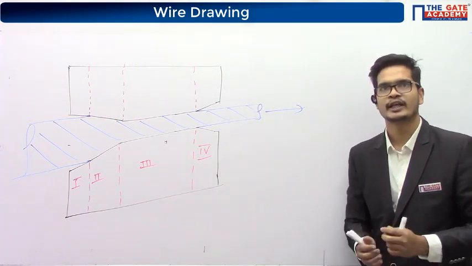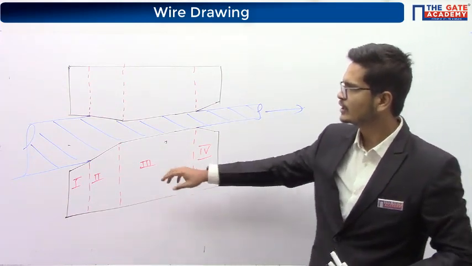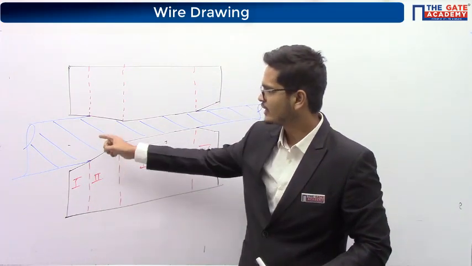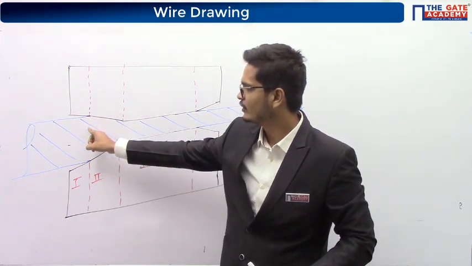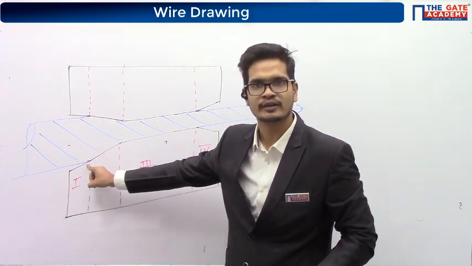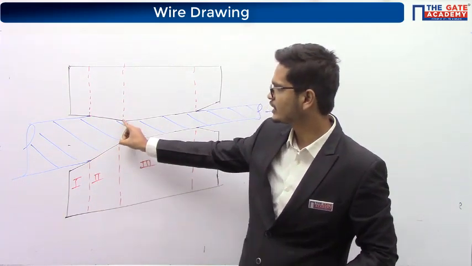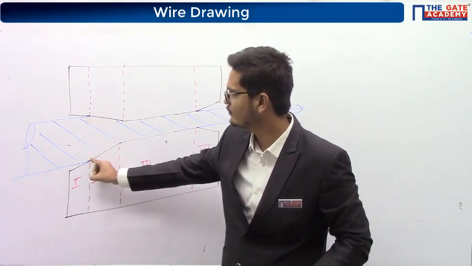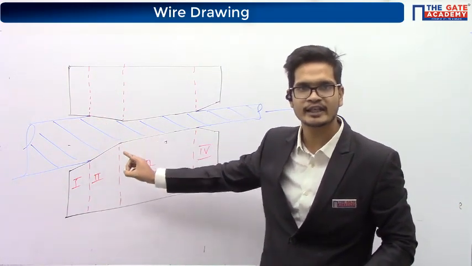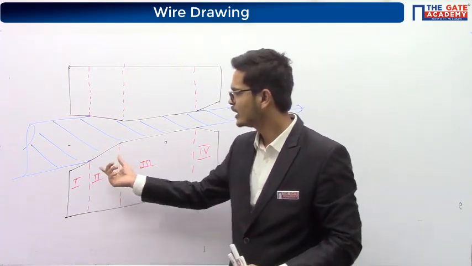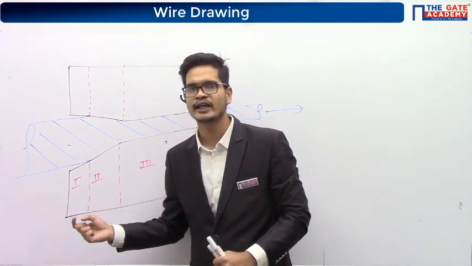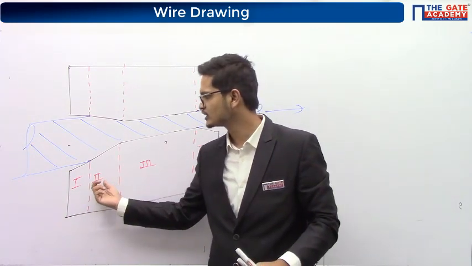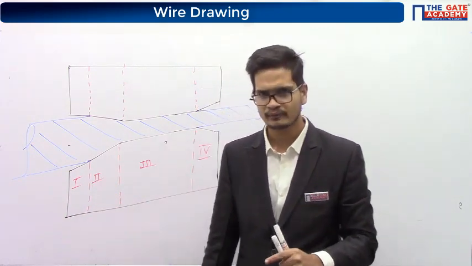You can see in the second zone, at entry we have the initial cross-section area, and at exit we have the final cross-section area. It means whatever deformation is taking place, it is taking place in the second zone, right? Therefore, the second zone is called the deformation zone.